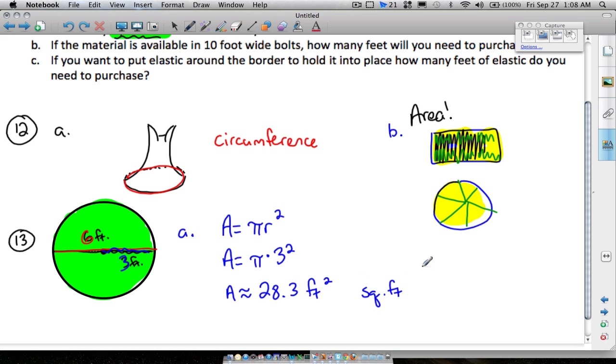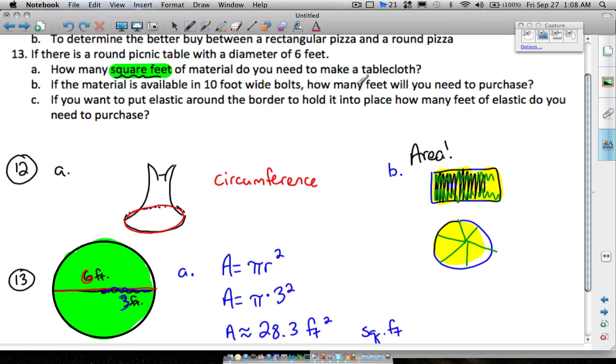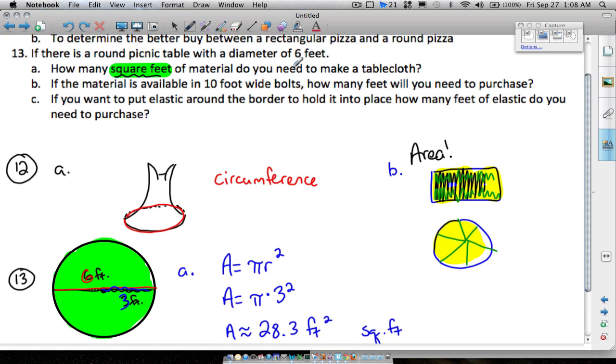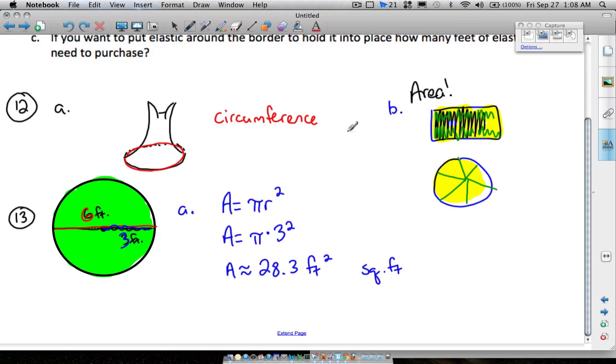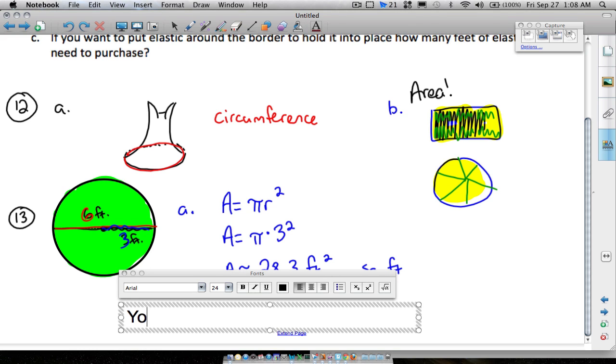Either way, whichever one works for you. But to answer the question, how many square feet of material do you need to make a tablecloth? You need 28.3 square feet of tablecloth.